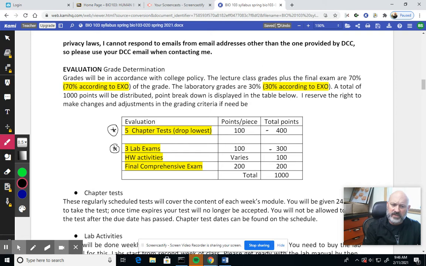Another one might be putting together a presentation that might be worth a specific point value. So it says varies here. But when we add them all up, the different homework activities, they're going to equal one exam grade, so 100 points. So that's 800 points, and then we have a cumulative final exam, which is worth 200 points. So your total points is going to be out of 1,000 points.